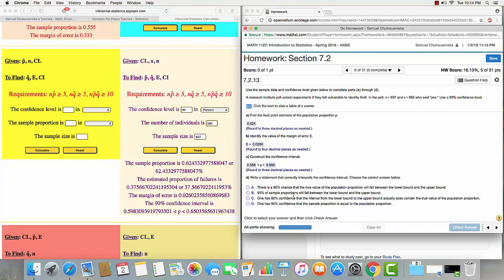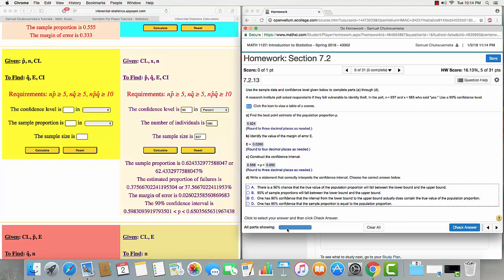B, 90% of sample proportions will fall between that. No, it is not it. C, one has 90% confidence that this interval, from the lower confidence limit to the upper confidence limit, you can also say lower bound, upper bound, actually does contain the true value of the population proportion.